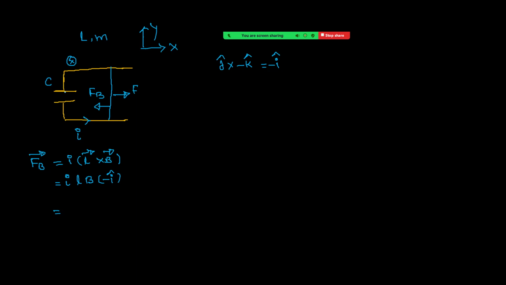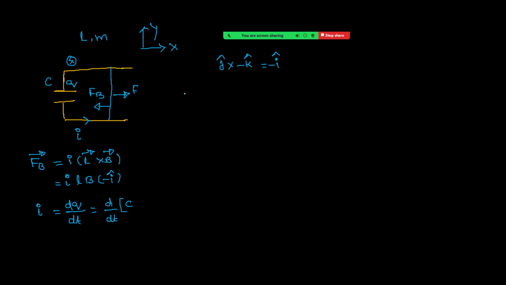Let us take that at one instant the charge on the plates of the capacitor is Q. If the charge is Q, then I can say current equals dQ by dt, right? And we know that charge equals C into V, Q equals CV. So C into E, where E is the EMF induced across the ends of this moving rod or moving wire.